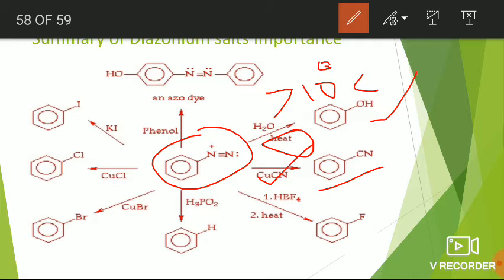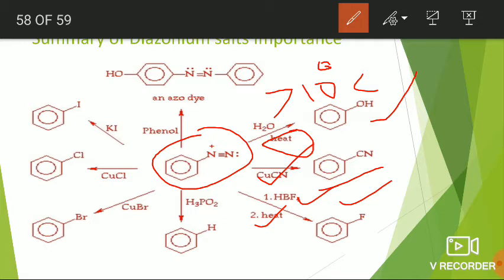If you treat diazonium salt with hydrofluoroboric acid HBF4 followed by heating, we get corresponding fluorobenzene. It is a Schiemann reaction, that is conversion of diazonium salt into fluorobenzene on treatment with hydrofluoroboric acid followed by heating, known as Schiemann reaction.